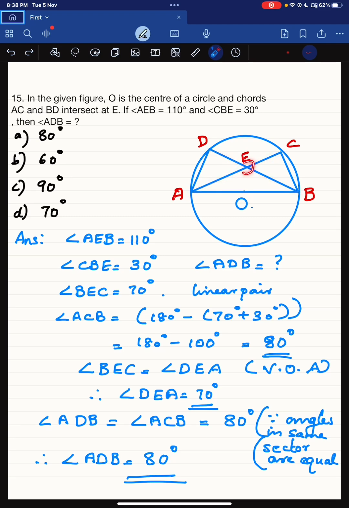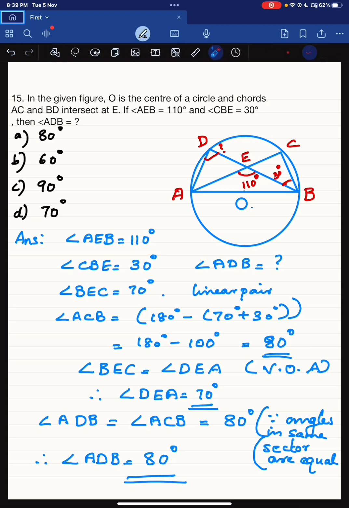So they intersect at a point E. Then they gave angle AEB, this angle, equal to 110 degrees, and angle CBE, this angle, equal to 30 degrees. We have to find angle ADB, right?